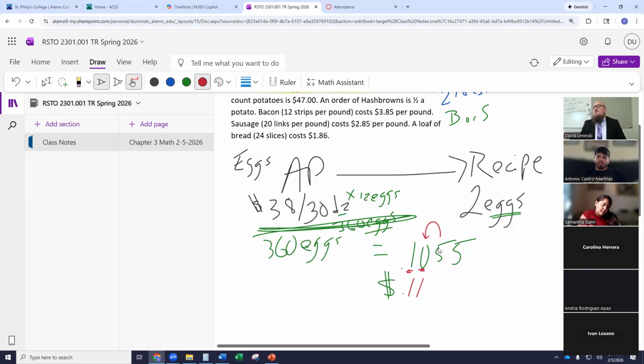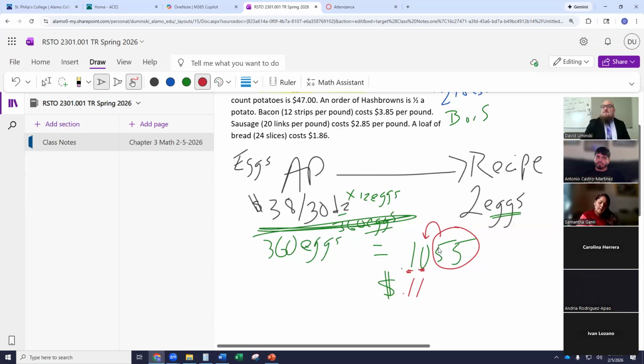So from 10 cents, we round it up to 11 cents. Because this number right here essentially means half of a penny. And if we add this up over and over again, eventually those pennies will add up. So to counteract that, we're going to just round up to the nearest penny.